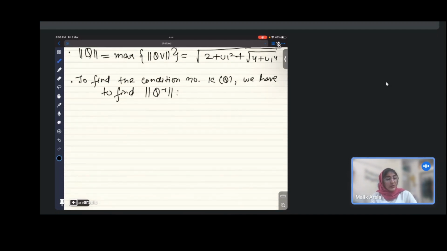So can you quickly find norm of q inverse? It's simple. Again, you have to do the same thing. Take your time and try to solve this.